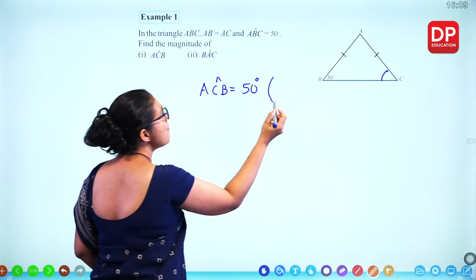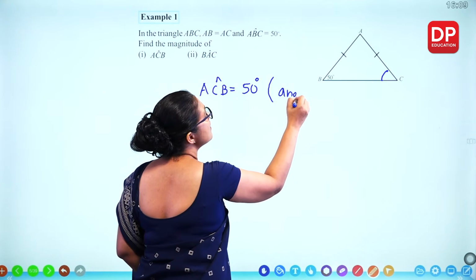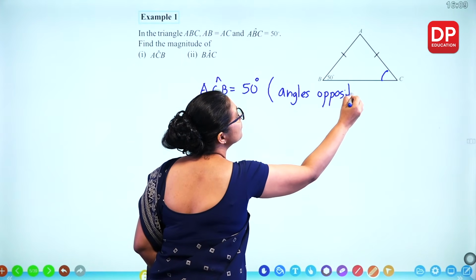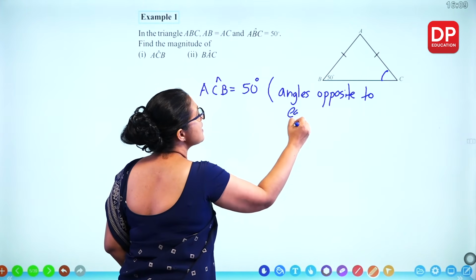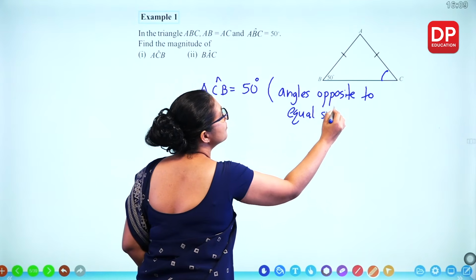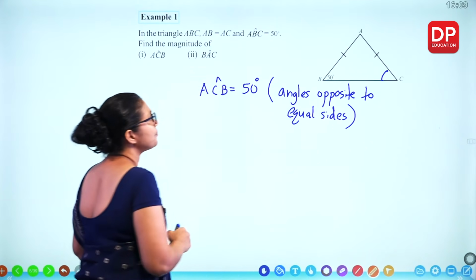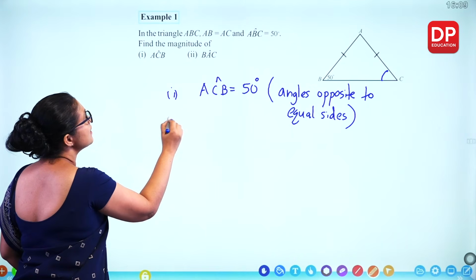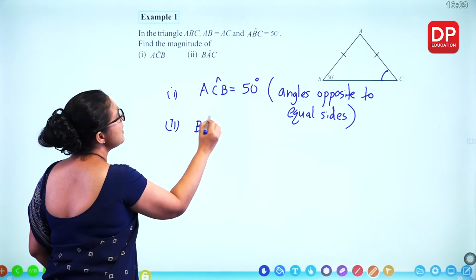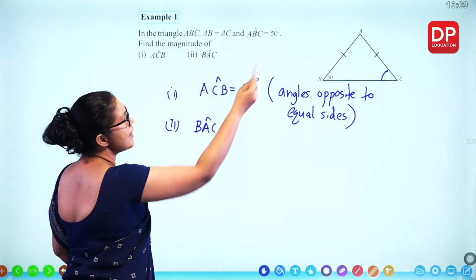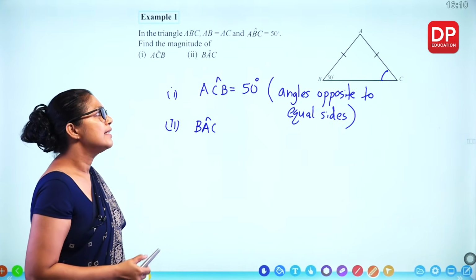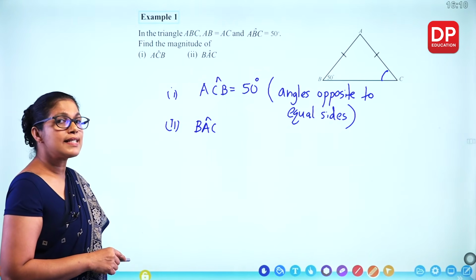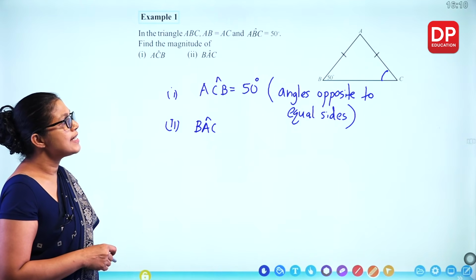That's theorem number 1. Angles opposite to equal sides are equal. Now we need to find out BAC. What is BAC? The other angle. How do we find out the other angle? So we know the sum of interior angles in a triangle is 180.